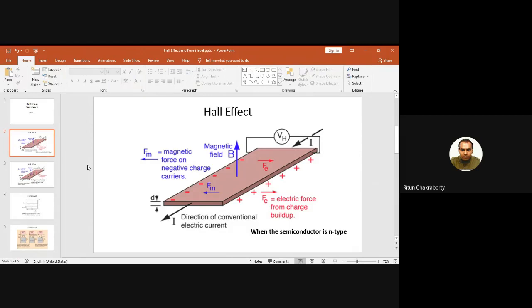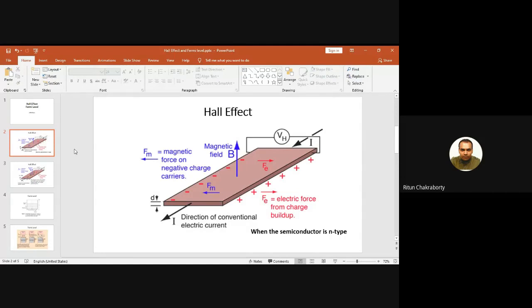And there is another condition. What is the condition? That this particular semiconductor material or whatever metallic material is there must be subjected to a magnetic field. Okay, the magnetic field is B. You can see the magnetic field is pointing upwards. Okay, so we have the current I, written in black, and the magnetic field given in blue, the arrow pointing upward.